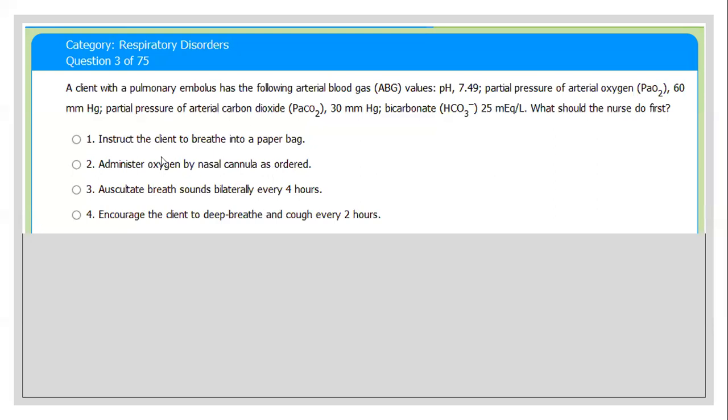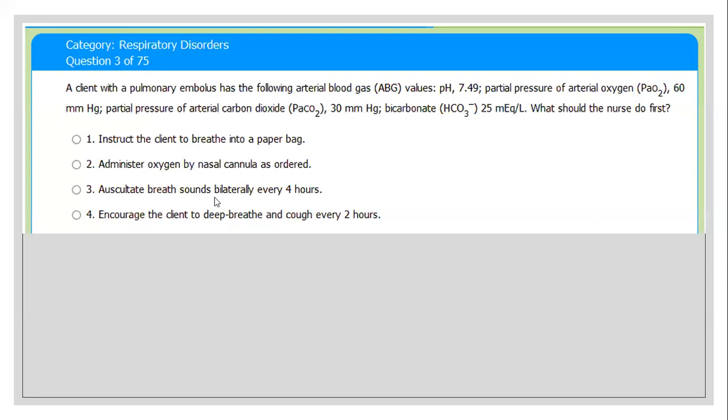Both are positive, but here the more important one is oxygen. I'm just talking about some clues, right? So you have to choose the oxygen first. If number 2 is not there, you can think about number 4.